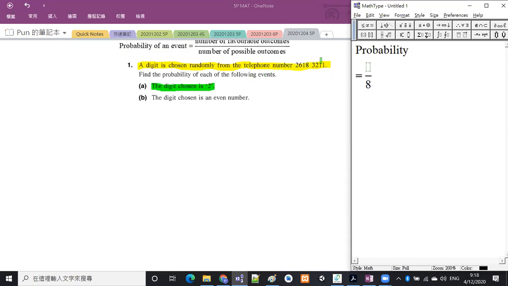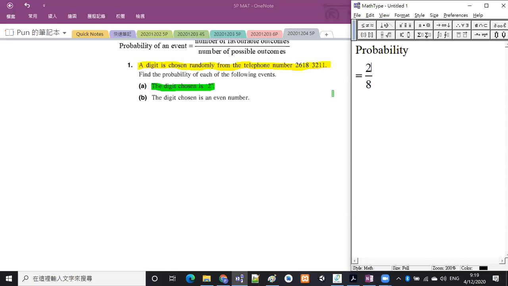So among the 8 numbers which can be chosen, how many of them satisfies the requirement from part A? The requirement from part A is that the digit is equal to 2. So when you just look at the number here, there are 2 numbers, which is 2. Okay, so the number of favorable outcomes is 2.